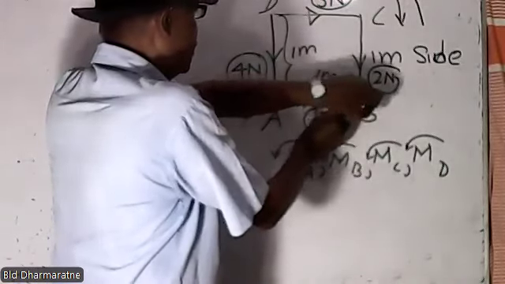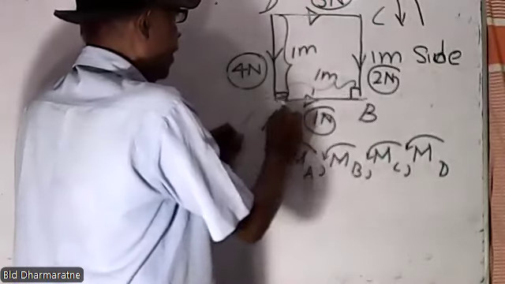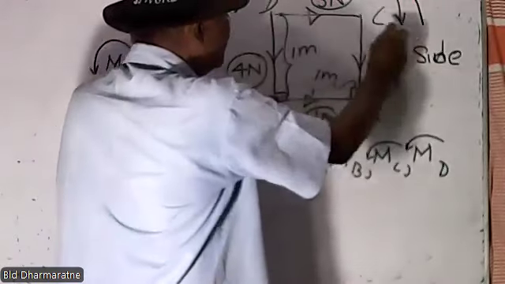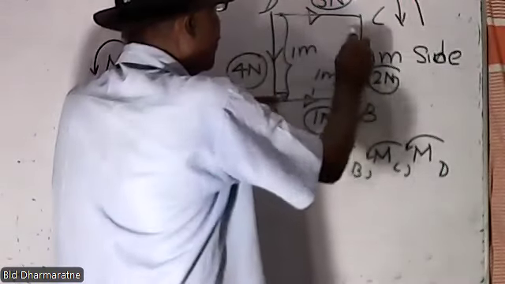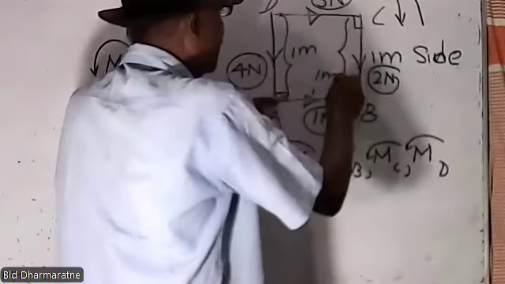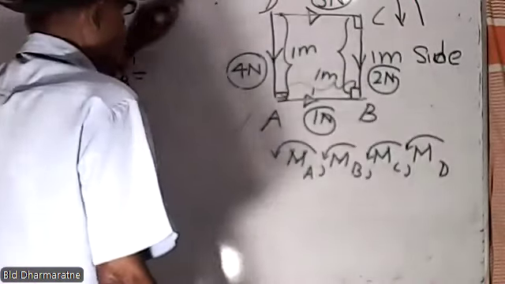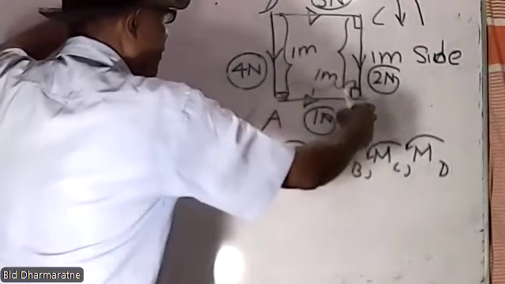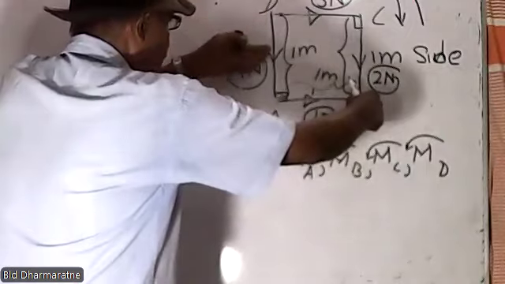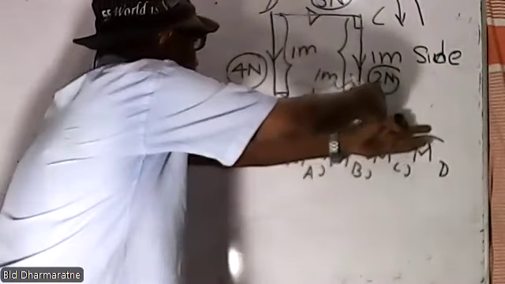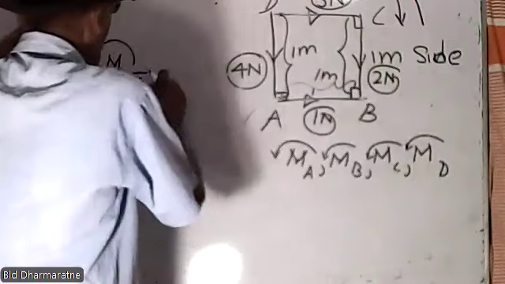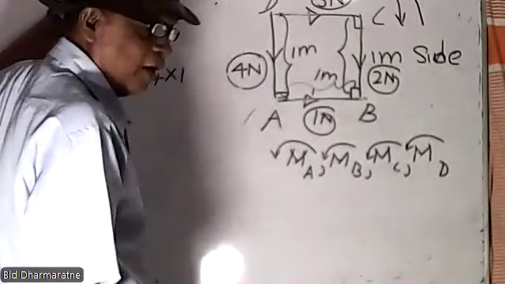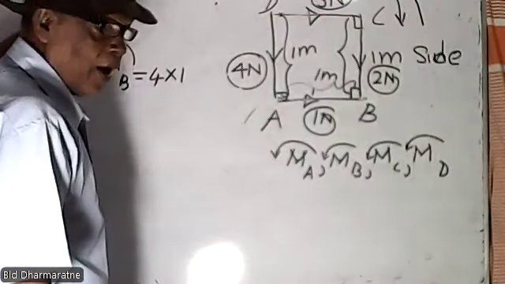This force, 4 Newton, also has a perpendicular direction of 1 meter. You can see the 4 Newton applies an anti-clockwise rotation about the fixed point, so 4 into 1, positive.